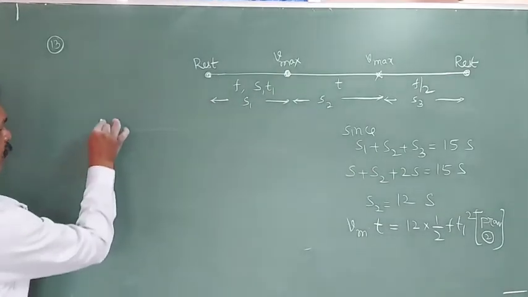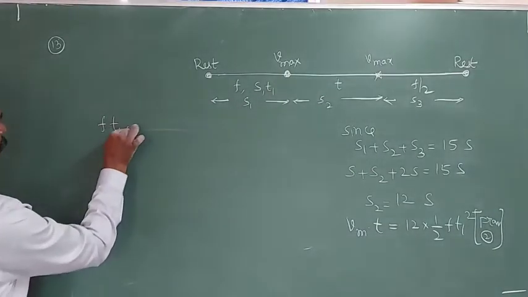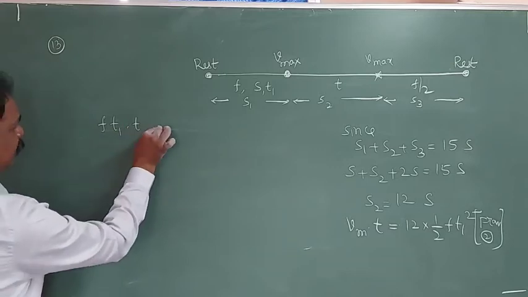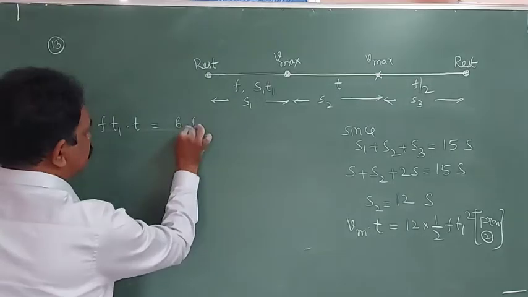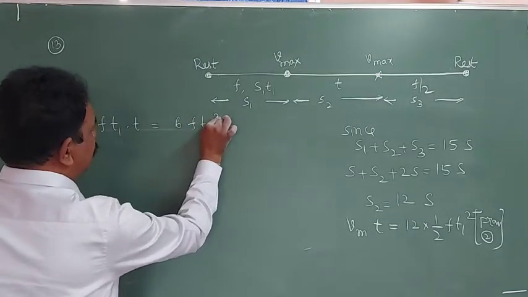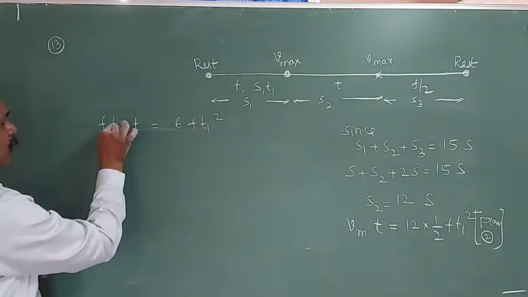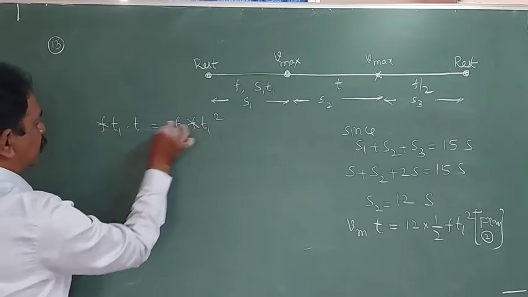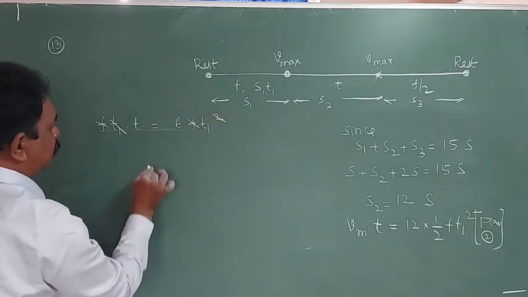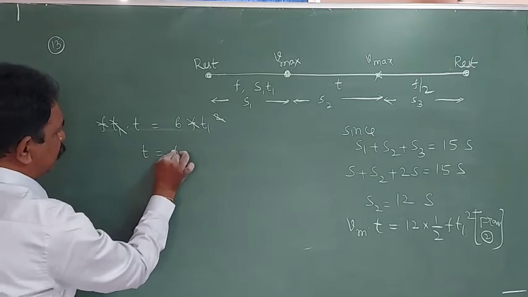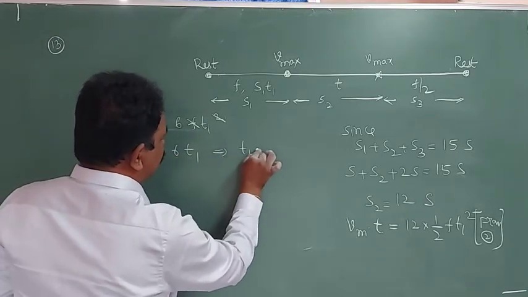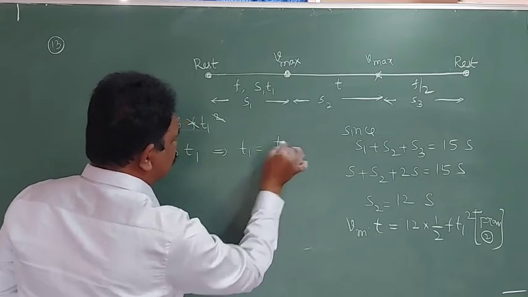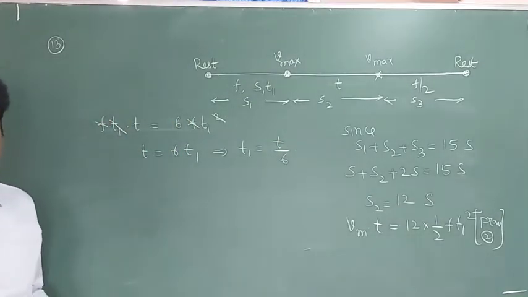So Vm, that is ft1, into t is equal to 6 ft1 square. F will cancel, one t1 will cancel. So t is equal to 6 t1. Hence t1 is equal to t by 6.